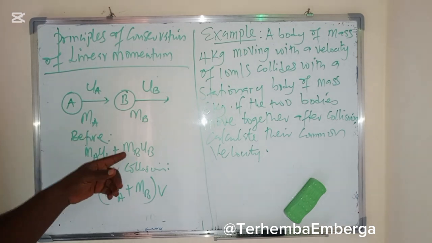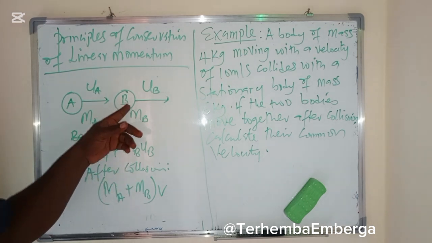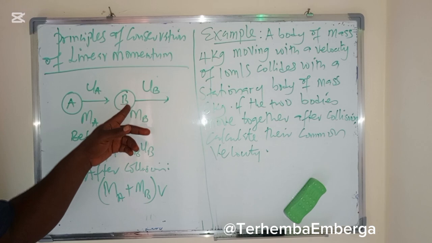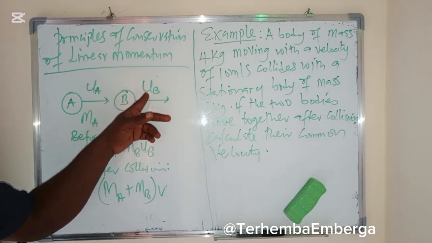But where the second body is stationary, it means that its initial velocity will be zero.